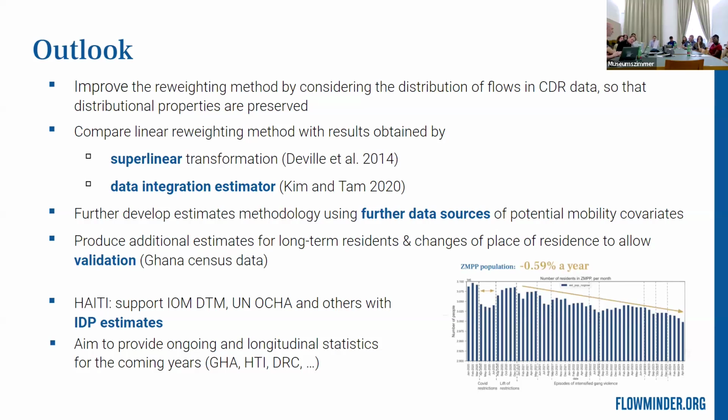We regularly produce and are currently also have just published another report on Haiti, a country in a deep crisis due to the gang violence in Port-au-Prince and the surrounding areas, with displacement happening, and we can also see that in the data we are using and in the estimates we are producing, displacement out of Port-au-Prince, and we are closely working with IOM and other organizations to compare and assess these IDP estimates, and this is exactly what we strive to do, provide data to countries that are struggling and to support the organizations and the population on the ground. Thank you.